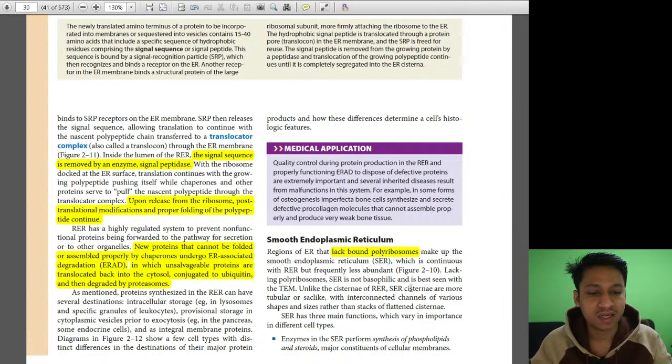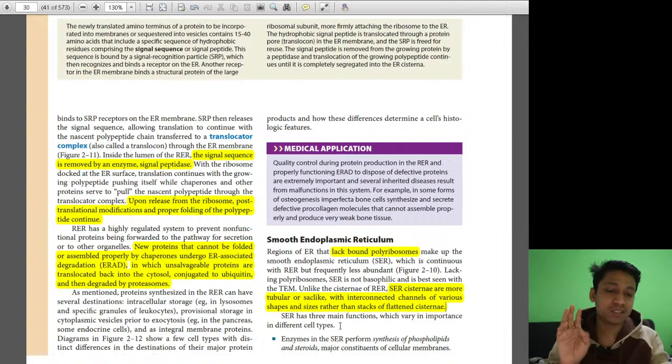SER cisternae are more tubular or sac-like, with interconnected channels of various shapes and sizes rather than stacks of flattened cisternae. So I think this part is important. In SER, we have sac-like cisternae, whereas in the rough endoplasmic reticulum, we have flattened cisternae.